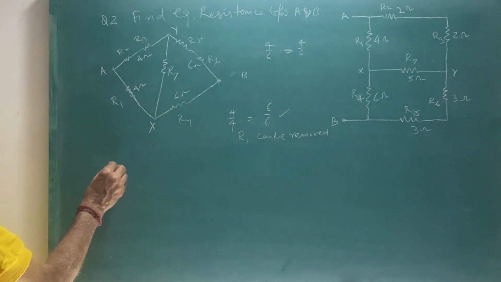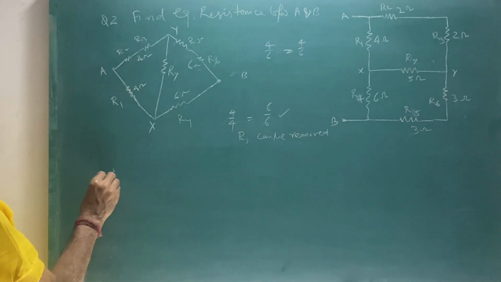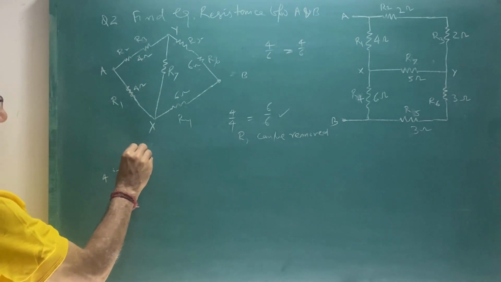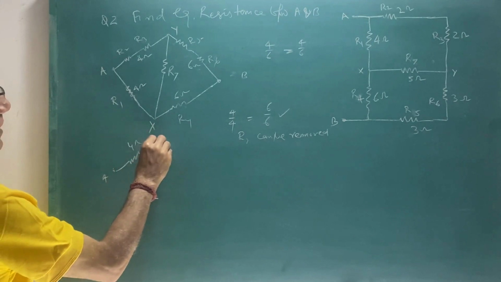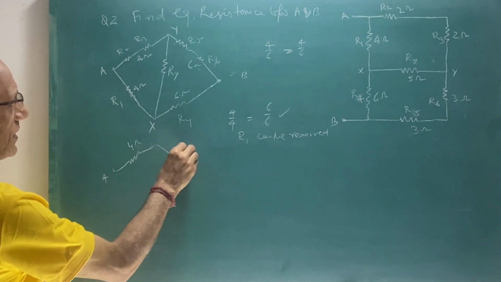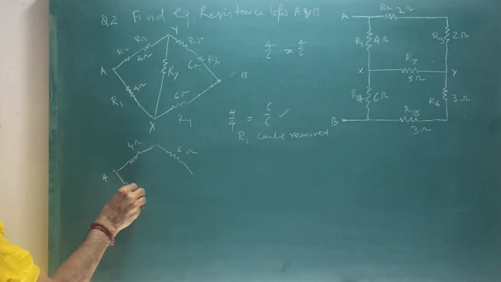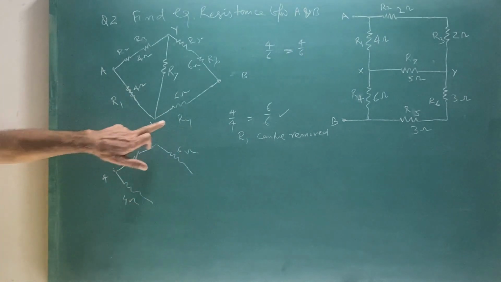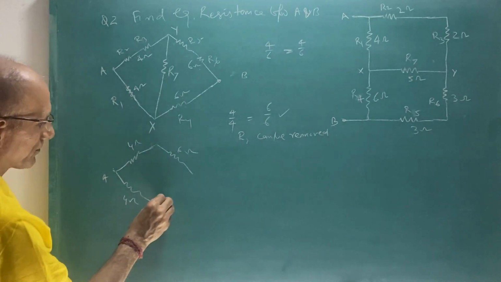After that, the equivalent circuit will become: it is 4 ohm, and then it is 6 ohm. Here it is 4 ohm, and this is 6 ohm.